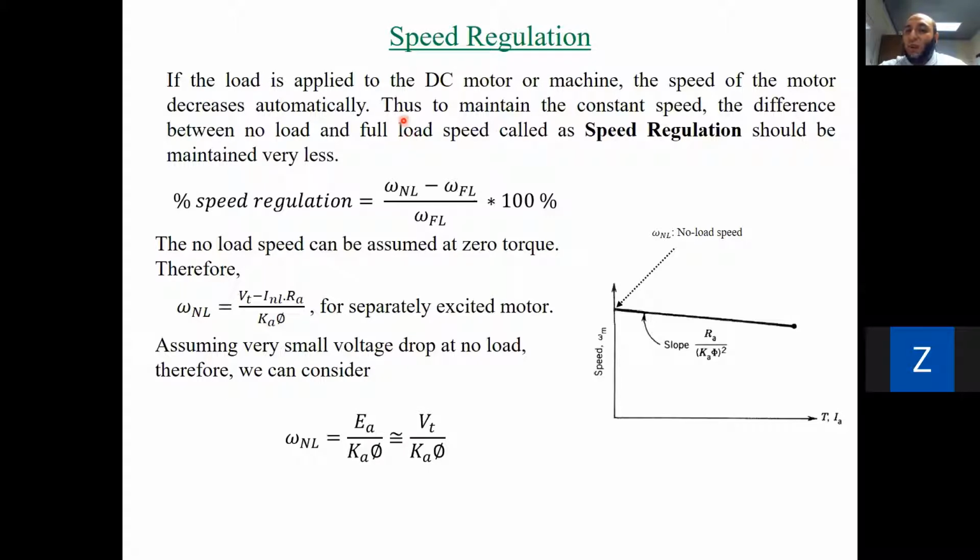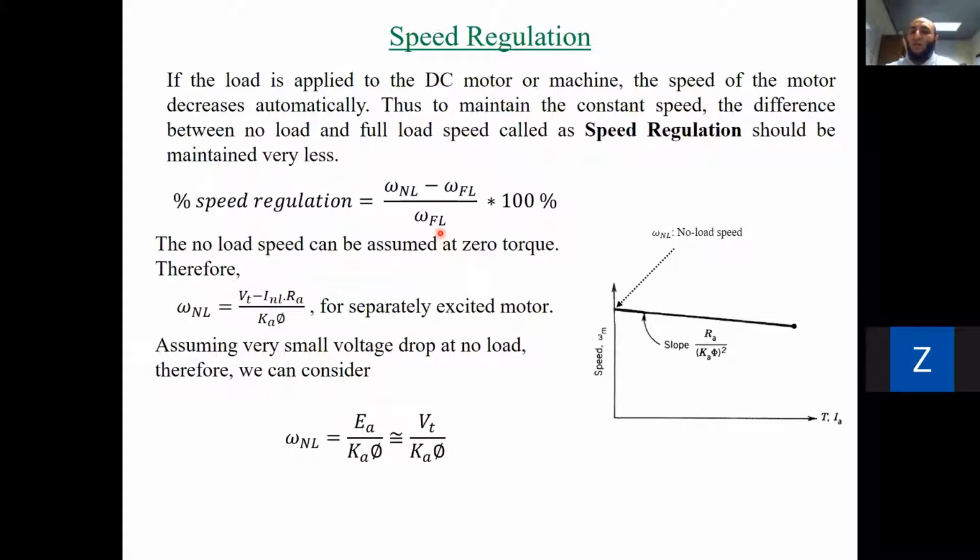If the difference between the full load speed and no load speed is small, the speed regulation, which is omega no load minus omega full load divided by omega full load, will be a small value. And this will be very important. So if the speed regulation for any DC machine is small, this will be a perfect machine.